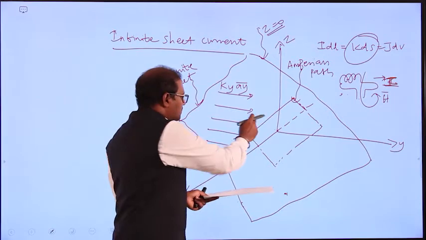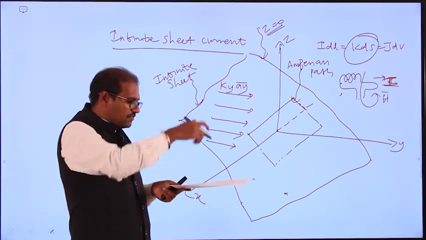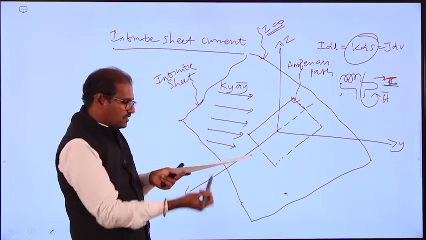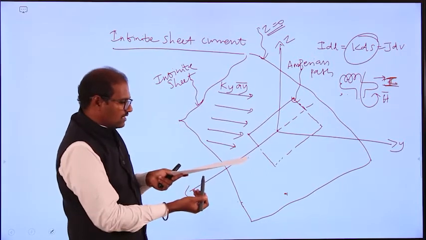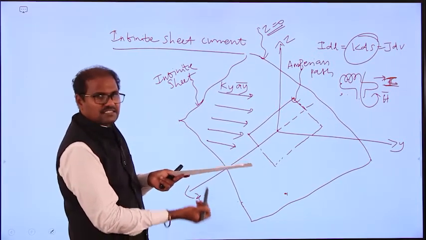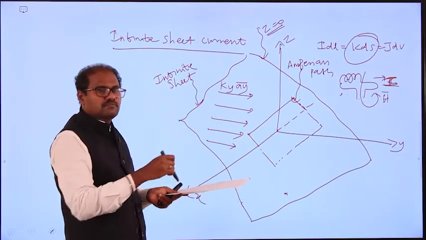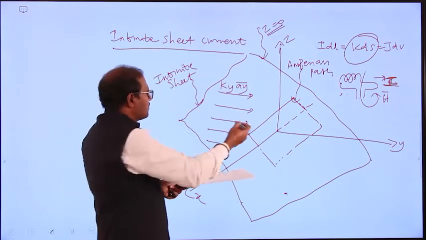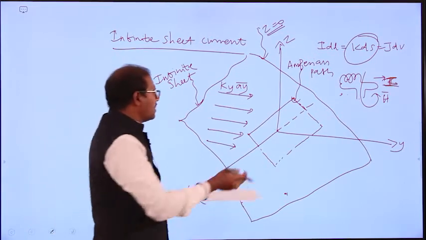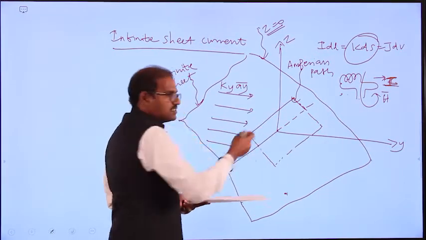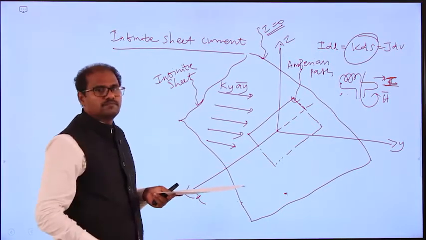Here, this Amperian path will be located above the surface like this, and then below. So above the surface and below the surface: below is the minus z direction, and above is the z direction. First half will be above, second half will be below.